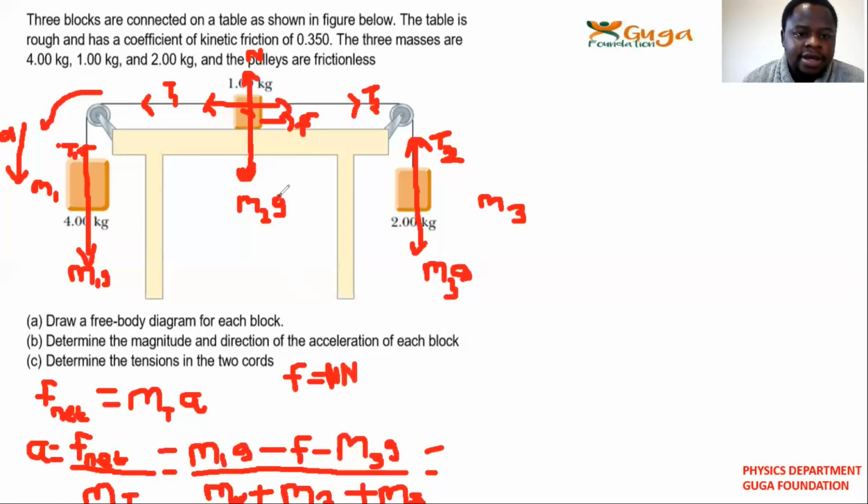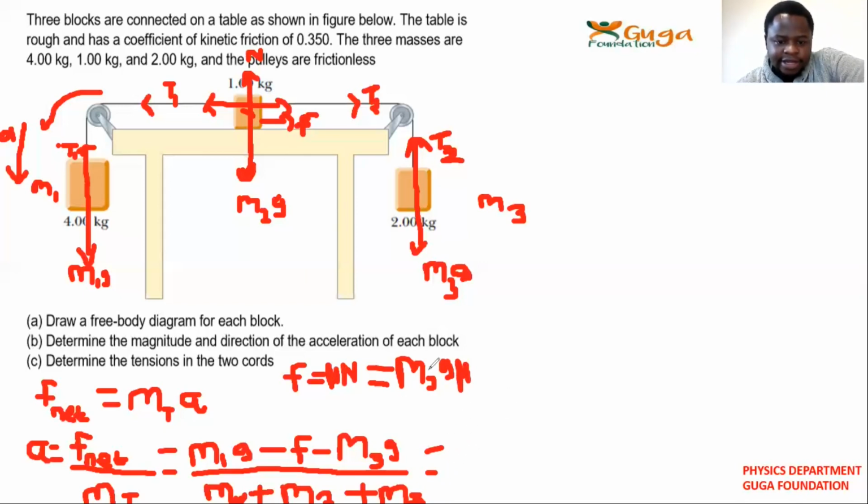If this and this are equal, it means that N is also equal to this, which is M2 G, that's the normal force, multiplied by the coefficient of friction.